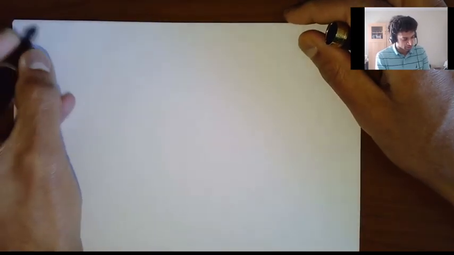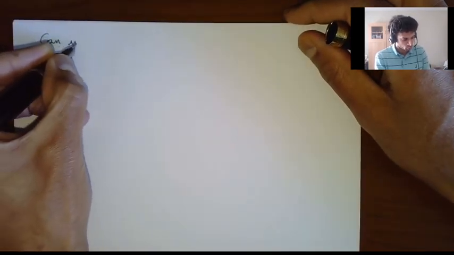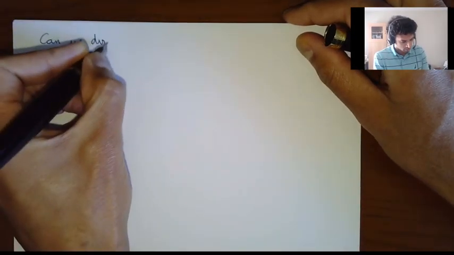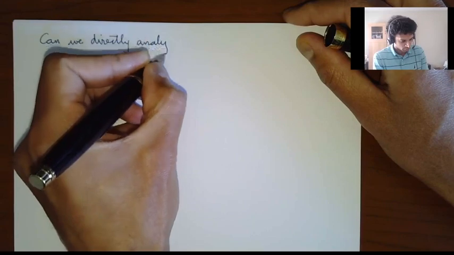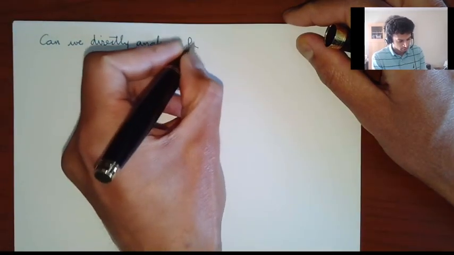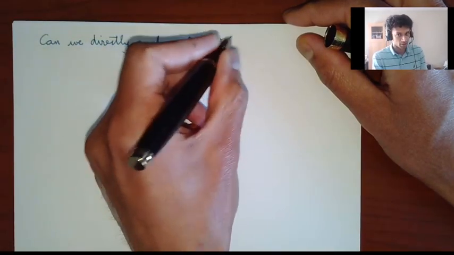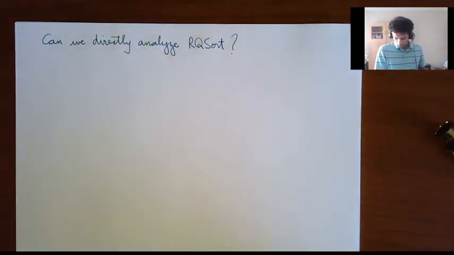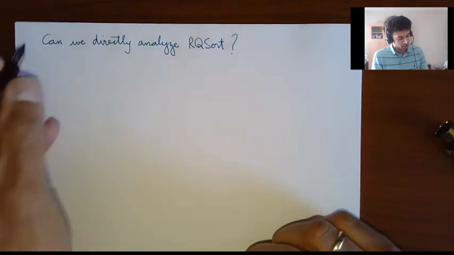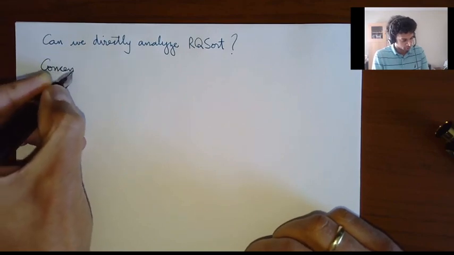That was a naive analysis. Can we directly analyze randomized quicksort? For this, what we essentially need is concentration inequalities.